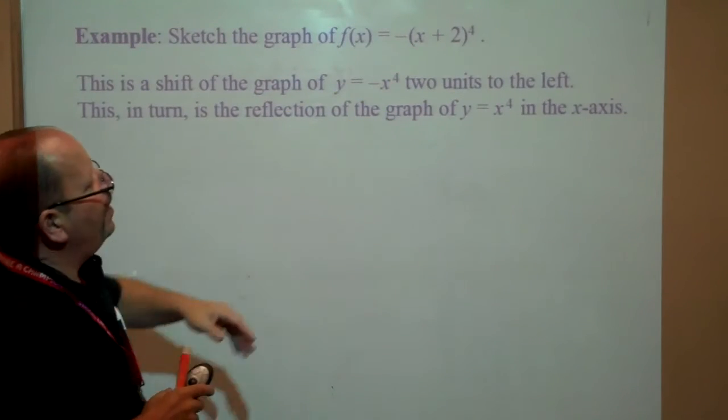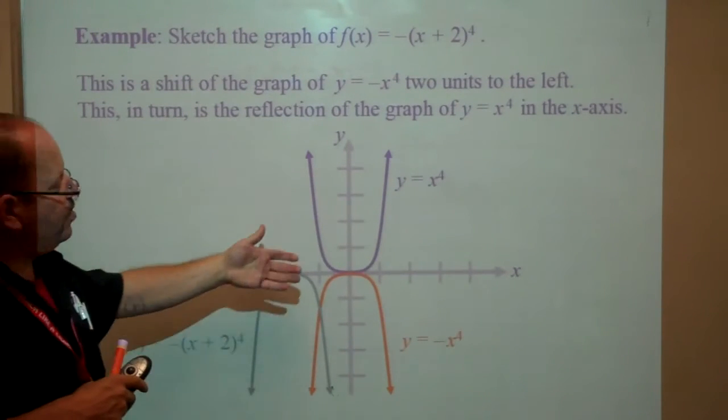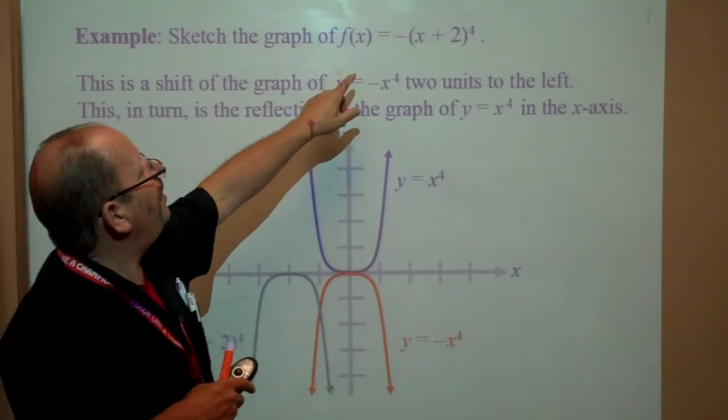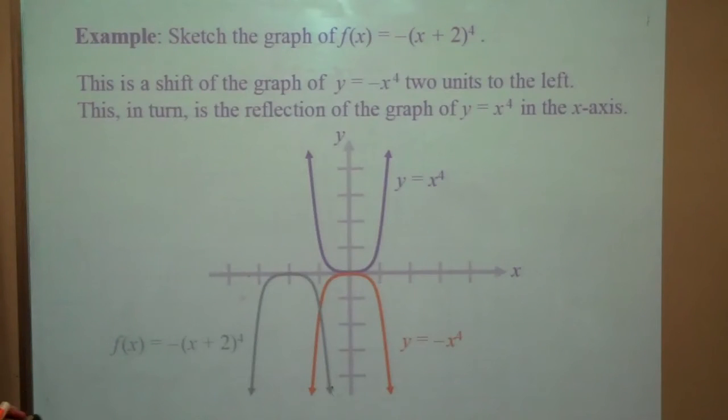It's a flip over the x-axis. So we can start with y equals x to the fourth, flip it, and then move it to the left 2, and we have our graph. Just that simple. Just like x squared would have been if we had negative x plus 2 squared. We do the same shift and translation.